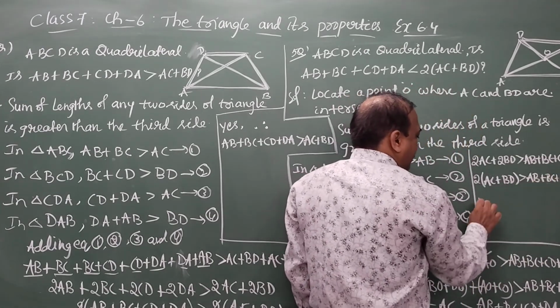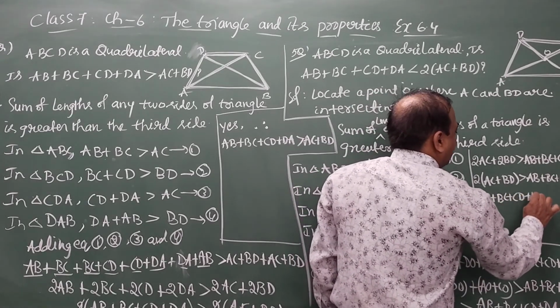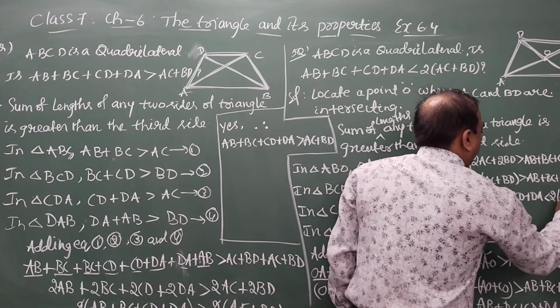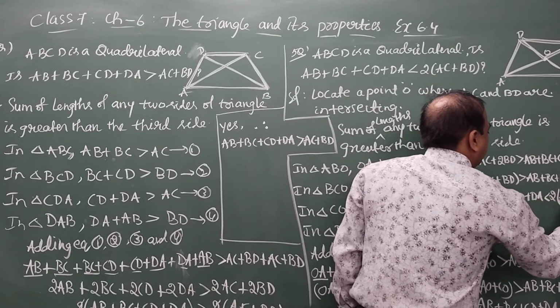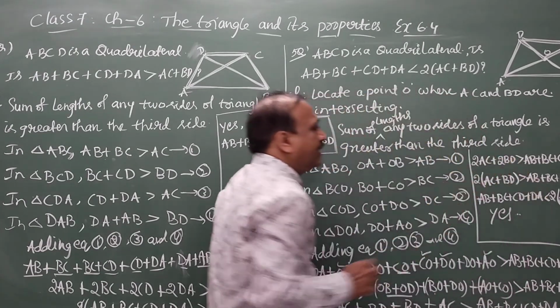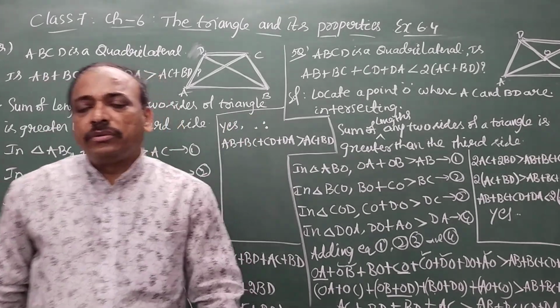So we write first, AB plus BC plus CD plus DA is smaller than 2 times AC plus BD. So yes it is. Clear, I think, right?